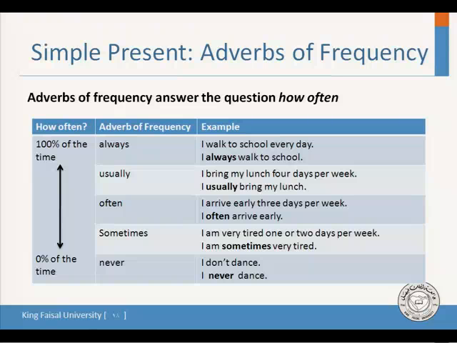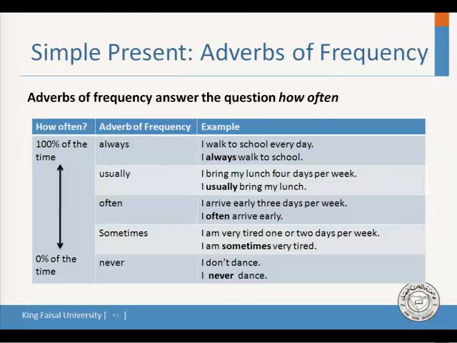The same with always, usually, often, sometimes, and never. And you can see the illustration. Always means 100% of the time. For example, I always wake up at 7 o'clock every day.